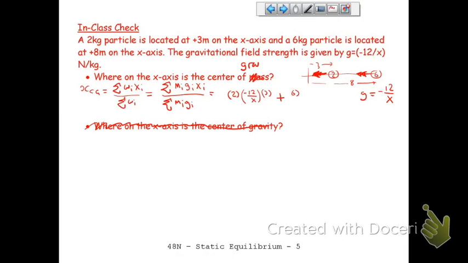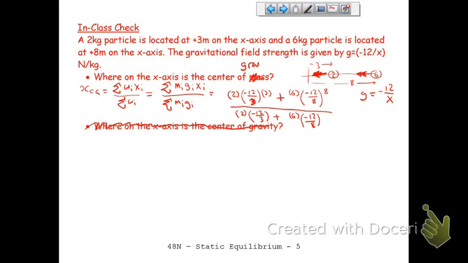The next one is 6, and that's -12 over 8 times 8. I'm sorry, 3 should be in there, shouldn't it? Because it is 3 meters away. Over, and this is going to be the weight of the bottom things, which is -12 over 3 times 2 plus 6 times -12 over 8.